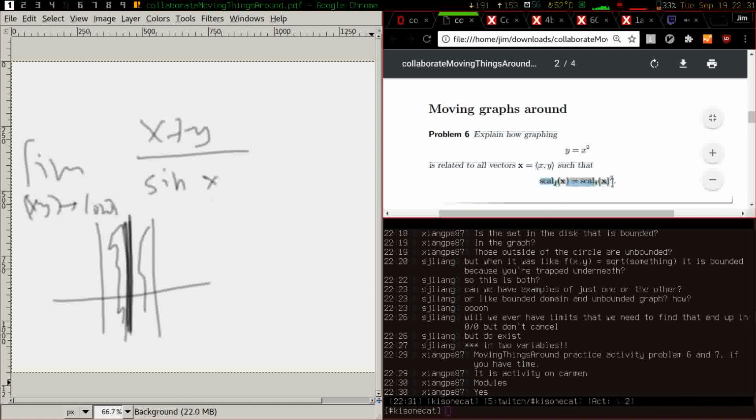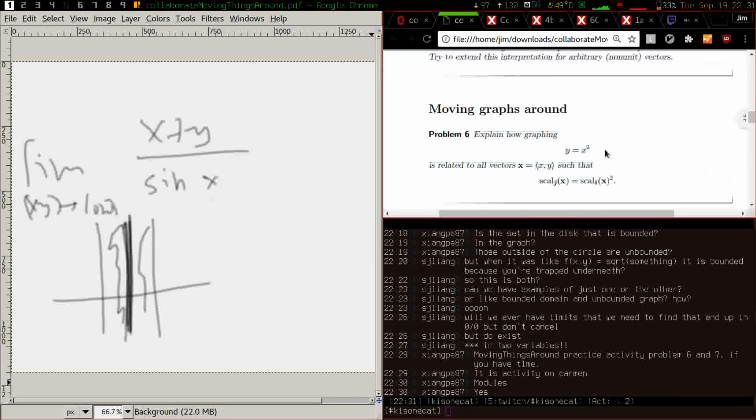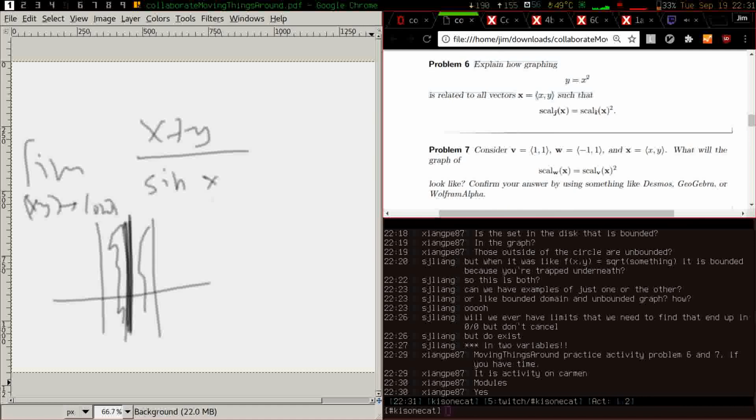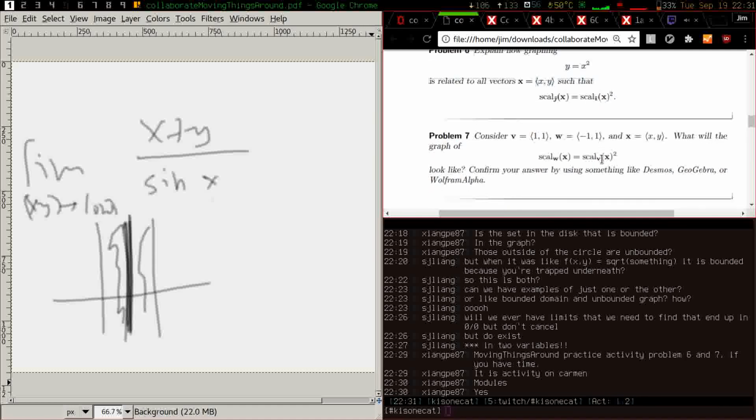So this kind of equation is actually computing the same thing as y equals x squared. And that's true again here.